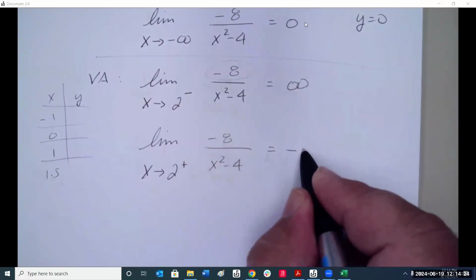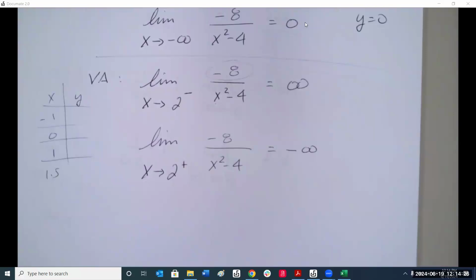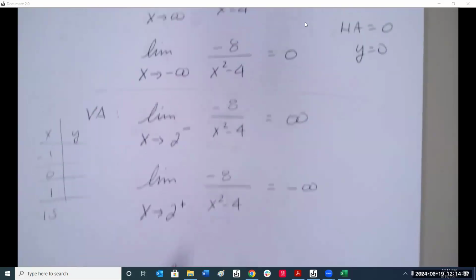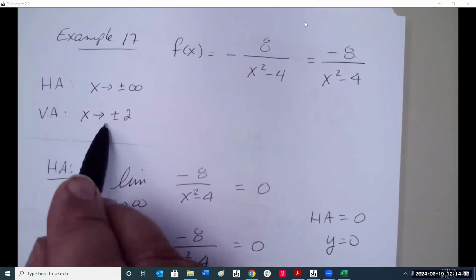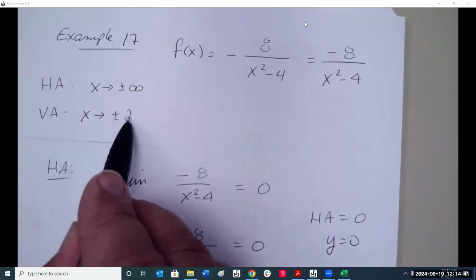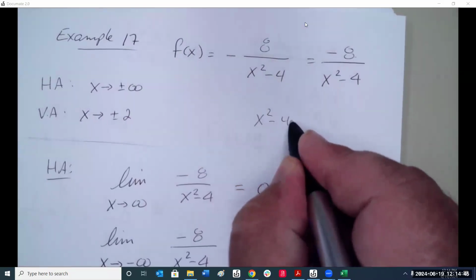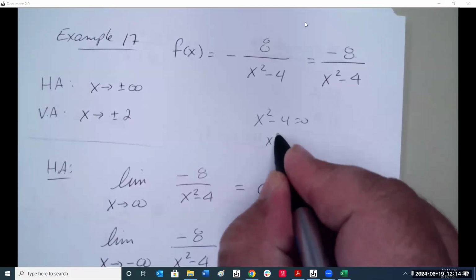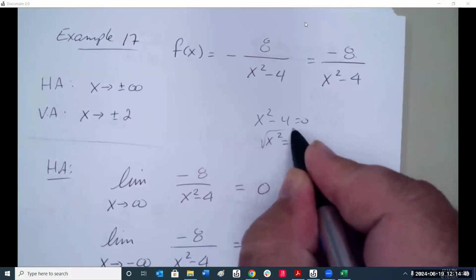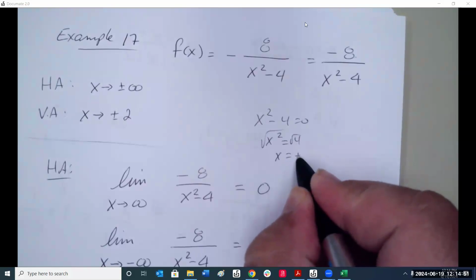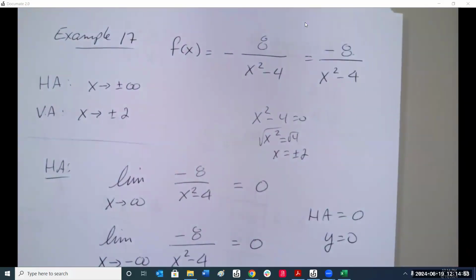So it's going to be negative infinity. Do we have anything else to check? Well, yeah, since our vertical asymptotes are plus or minus 2, because remember, we took x squared minus 4 equals 0, so x is equal to plus or minus 2. We have 2 vertical asymptotes.